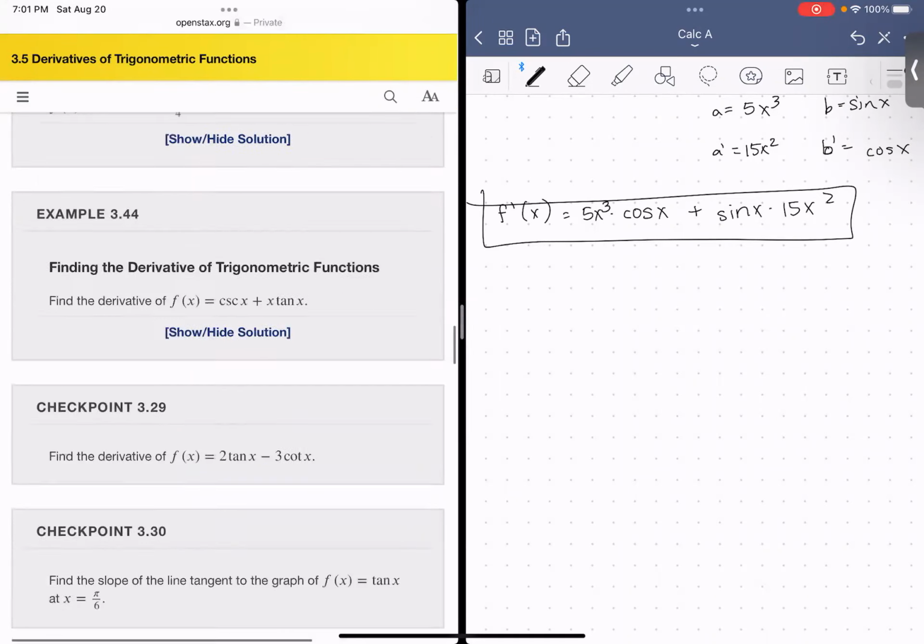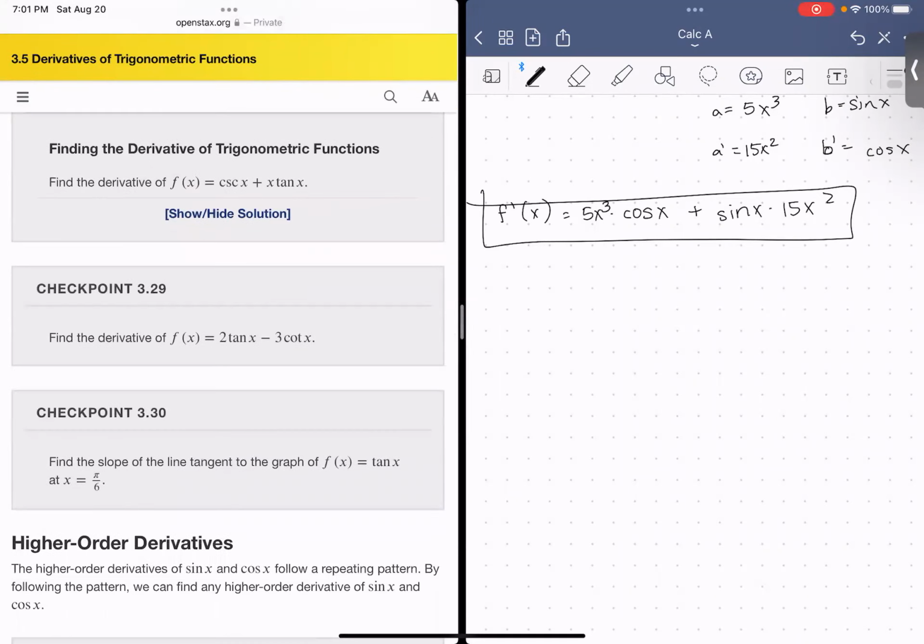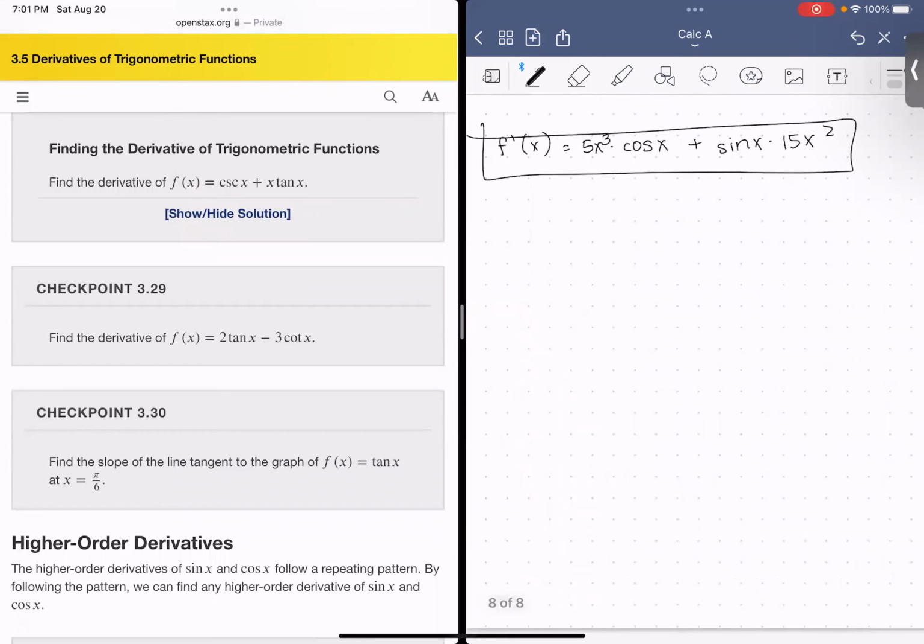So yeah, we can try one, but I think we're almost out of time. So we're going to do 3.29. We want to find the derivative of 2 tangent x minus 3 cotangent x.